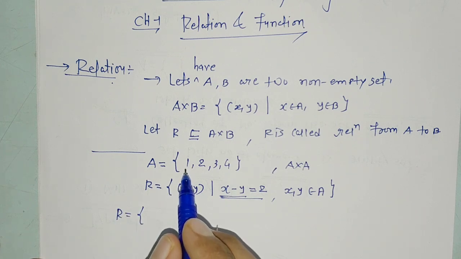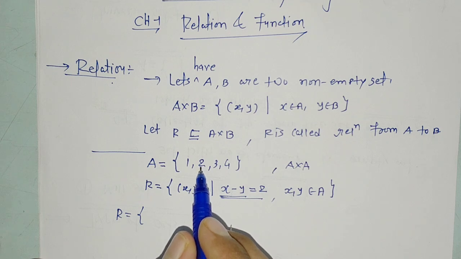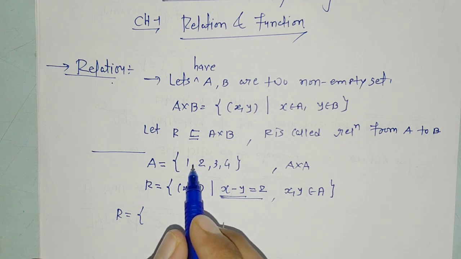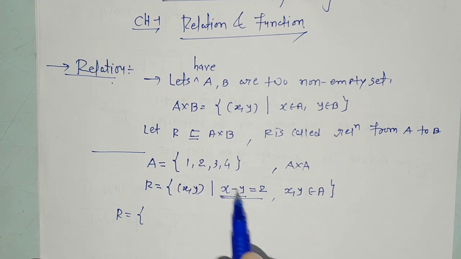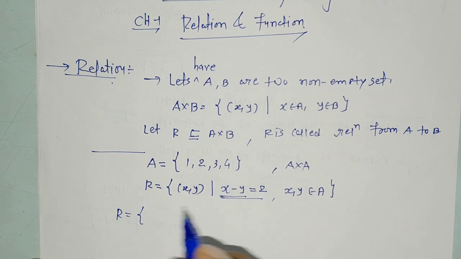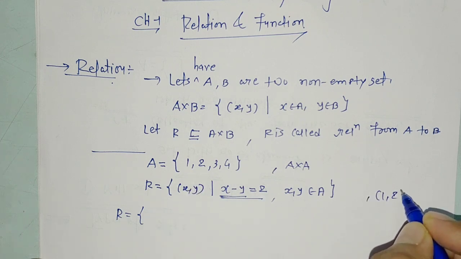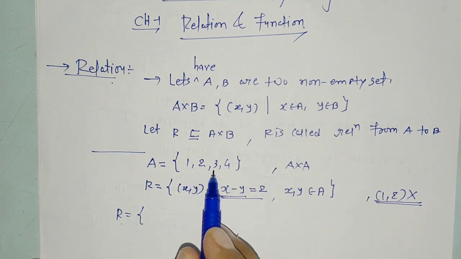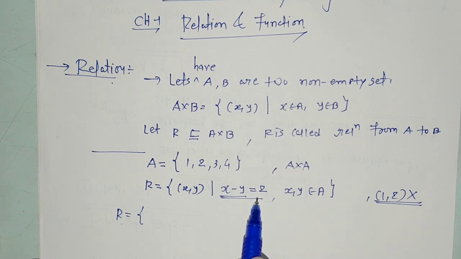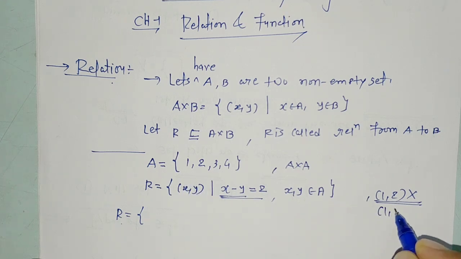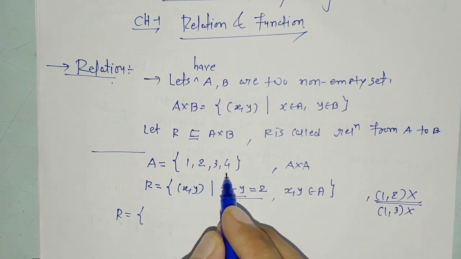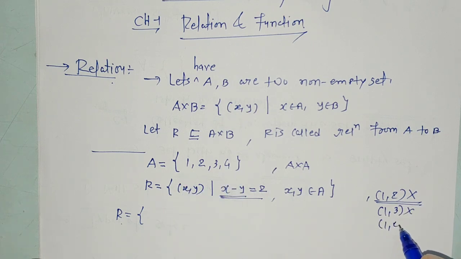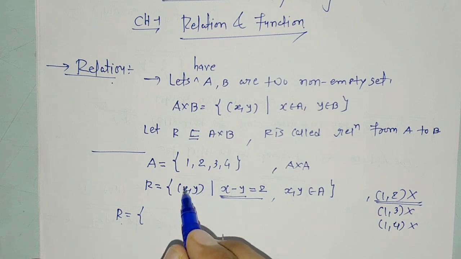If I take 1 and 2 as elements of the ordered pair, just check 1 minus 2 is not 2. So (1, 2) is not an element of R. (1, 3) as well, I get minus 2, not 2. So (1, 3) is also not in R. (1, 4), I'll get minus 3, is also not in R. Let's take 2 as our x element.